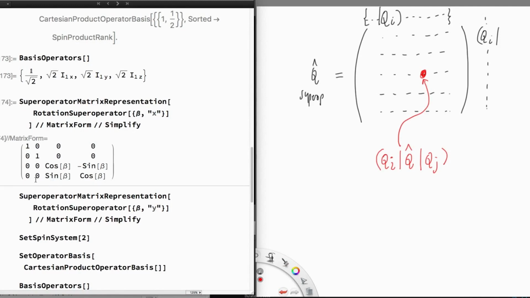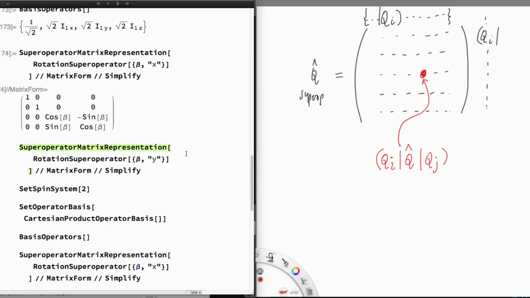So SpinDynamica here has essentially shown that the matrix representation of a rotation superoperator in this particular basis maps onto classical mechanics, which is what we all know in NMR. That's why we use three-dimensional axis systems and why we can use our hands and three-dimensional visualization capabilities of our brain to figure out how pulse sequences work.